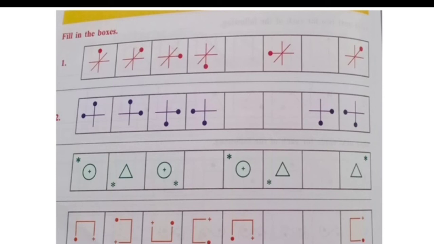Next, star, circle, and in circle there is a plus sign. Star, square, rectangle, triangle. Then circle plus star.